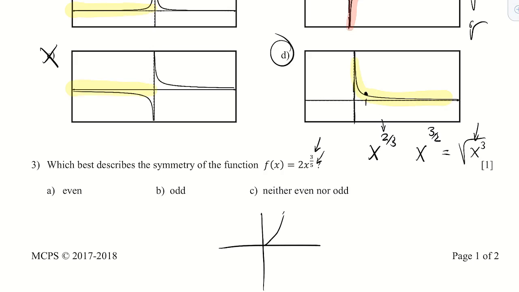Even symmetry means we have a reflection over the y-axis. Odd symmetry is what we call rotational symmetry about the origin. That means if I rotate this 180 degrees, the figure ends up overlapping itself. So going back to the original problem, 3 over 5, if they are both odd numbers, then the function itself is going to be odd.